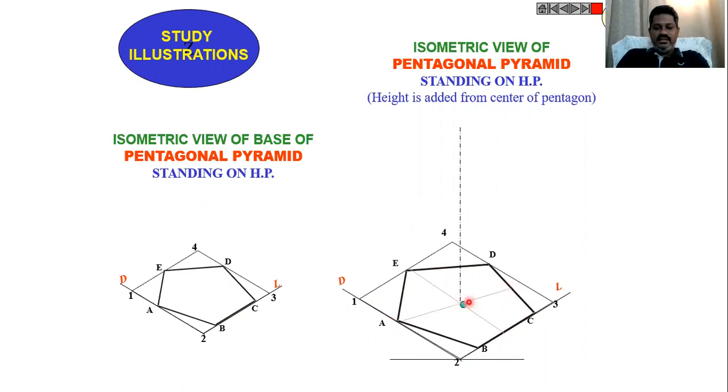Otherwise, draw the midpoint, connect the midpoint and this corner A, and connect the midpoint of BC and E, and these two lines will intersect at a point, and from that point represent the height of the pentagonal pyramid. Then join all the corners of the top view of the pentagonal plane and the apex point that we represented at a certain height. So in this way, we need to draw the pentagonal pyramid standing on HP.